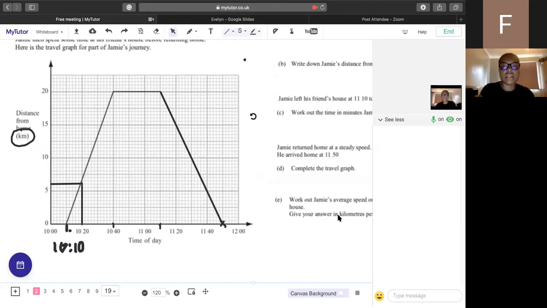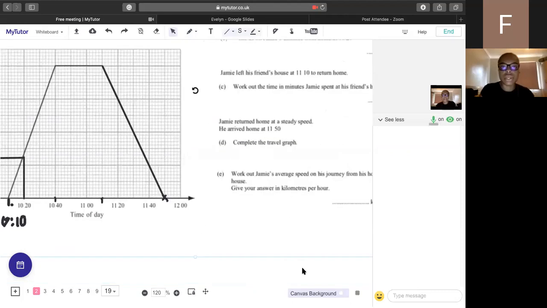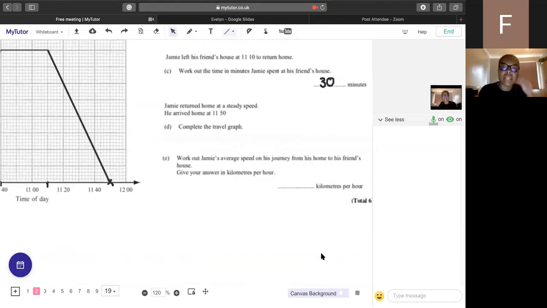And the last part is now asking us to work out Jamie's average speed on his journey from his home to his friend's house. So remember last time when we were doing average speed, we used our speed equation, because that comes from our triangle that I was mentioning at the beginning.